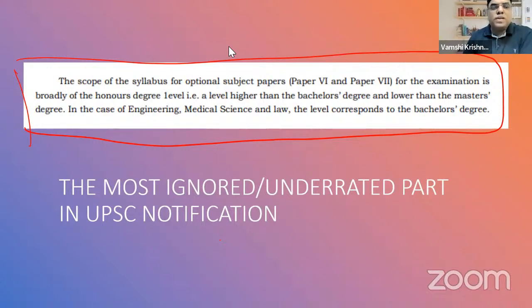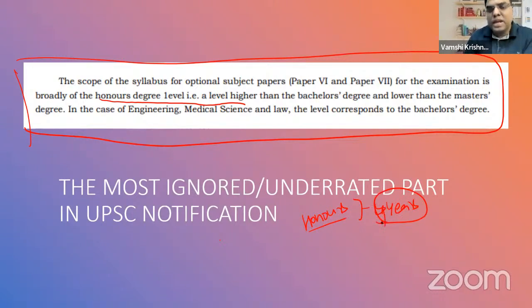The scope of the syllabus for optional papers, that is paper 6 and 7 for the examination, is broadly of the honors degree level. That is a degree higher than the bachelor's degree and lower than the master's degree. Honors usually is 4 years.